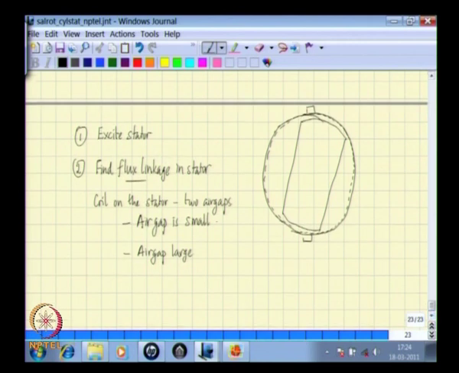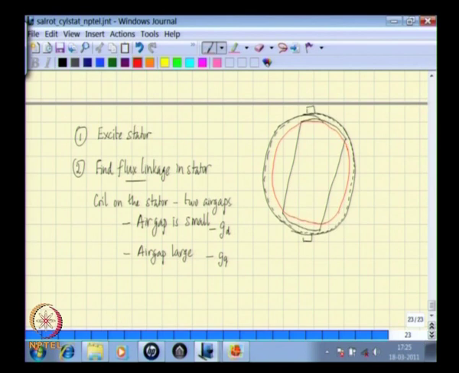So, let us call the small air gap as GD, and let us call this large air gap as GQ, which means that we are saying that there are hypothetically two rotors in the machine, both of which are cylindrical.